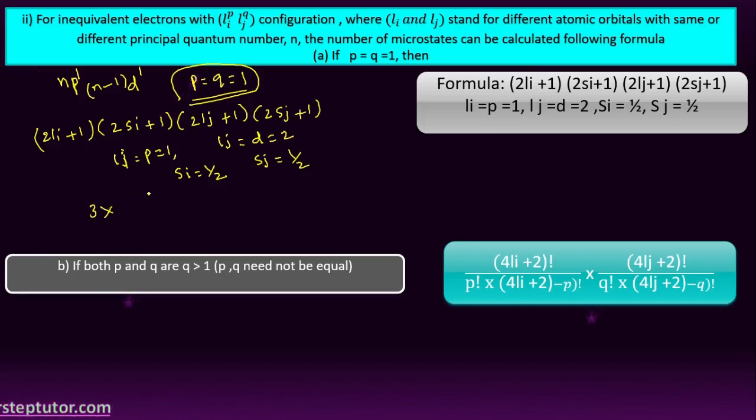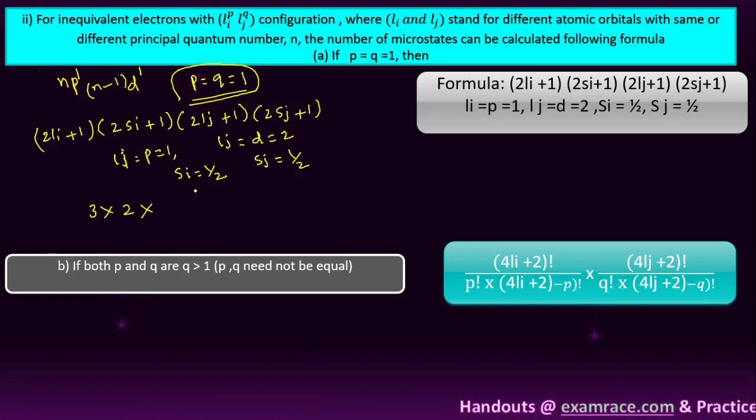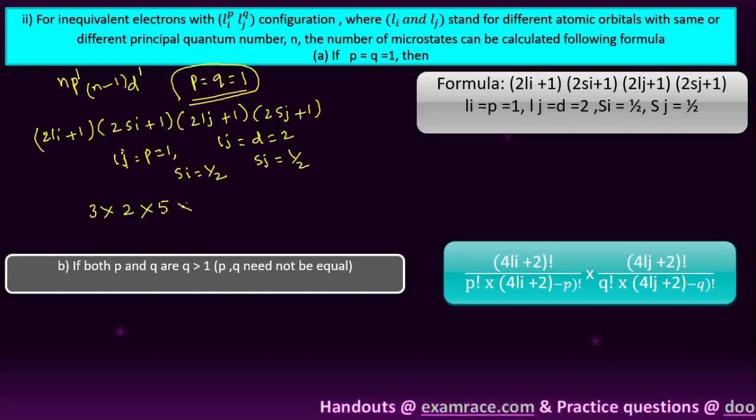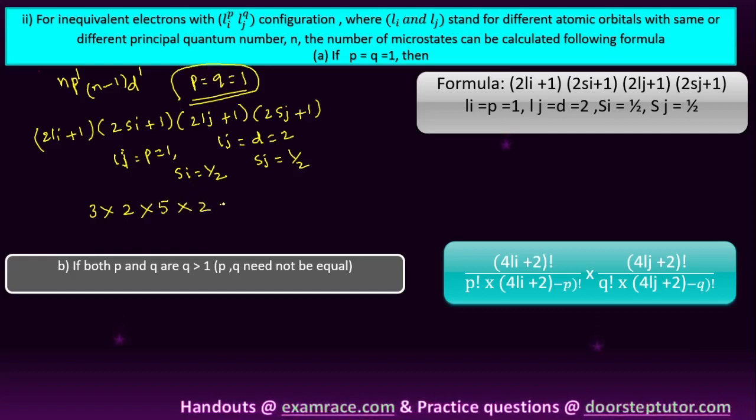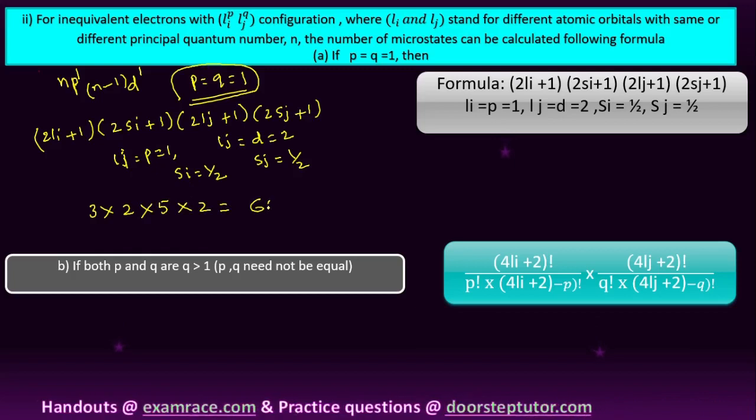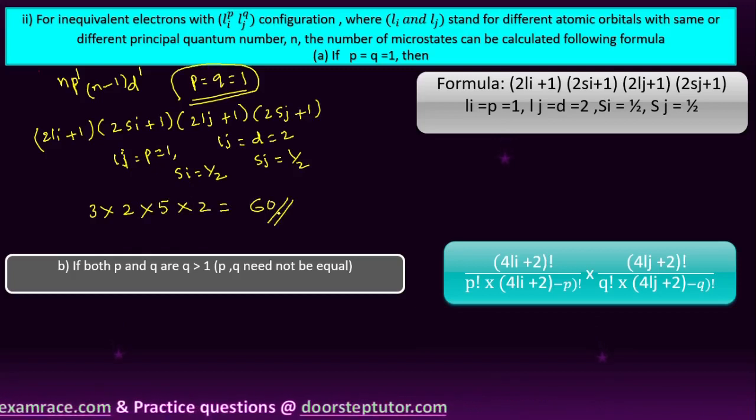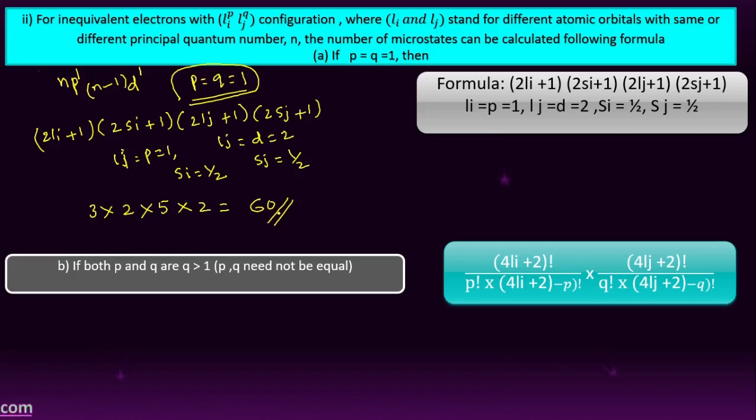Next, 2 into half plus 1, the half gets cancelled, then it becomes 2. Then 2 into 2 plus 1 is equal to 5, and 2 into half plus 1 is equal to 2. So the total number of microstates is 60. The np1 (n-1)d1 configuration will give 60 microstates.